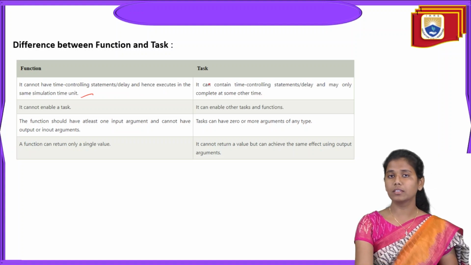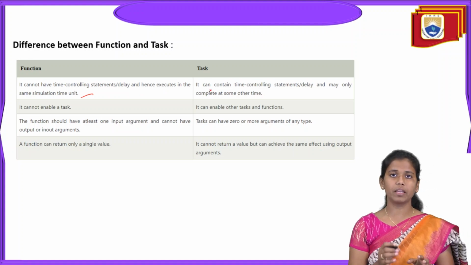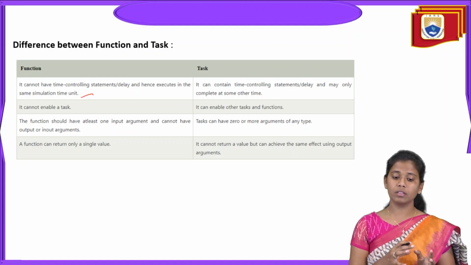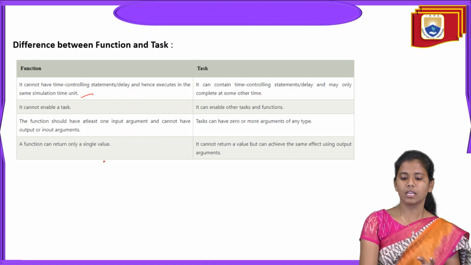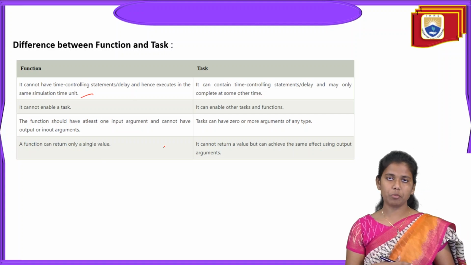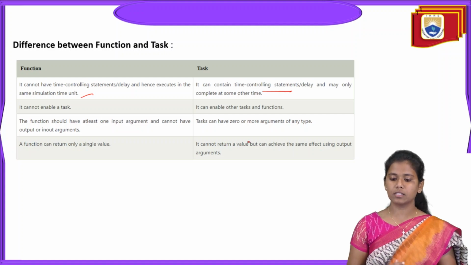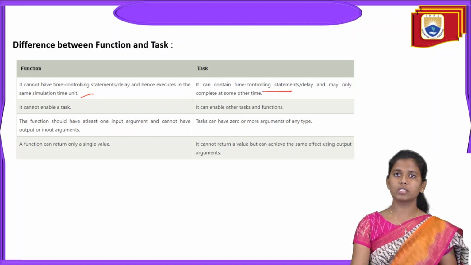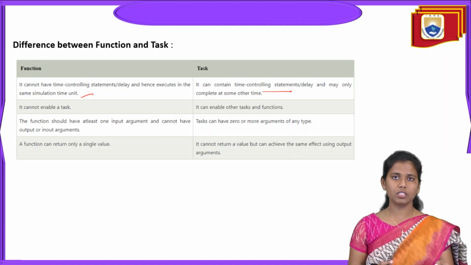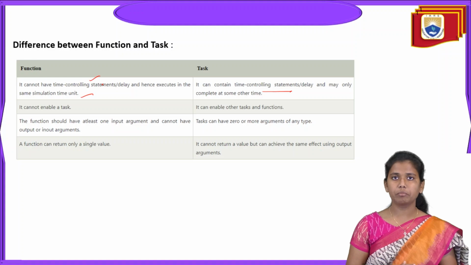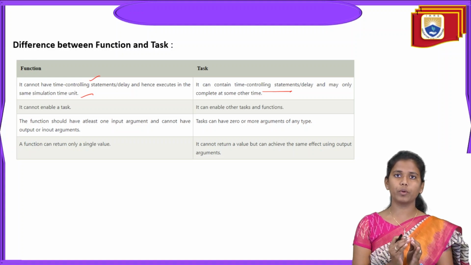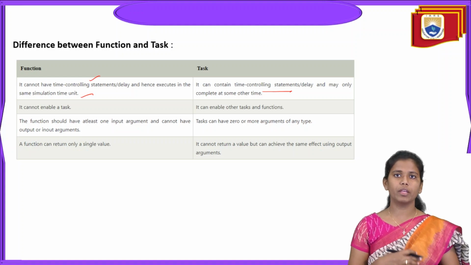Whereas the task can contain time controlling statements, so that at different times or at different intervals of time, the tasks perform their action. Functions cannot have time controlling statements, so within the time given, they have to perform their action.